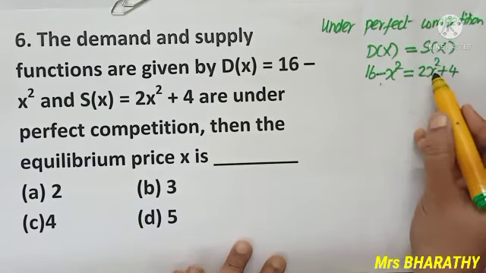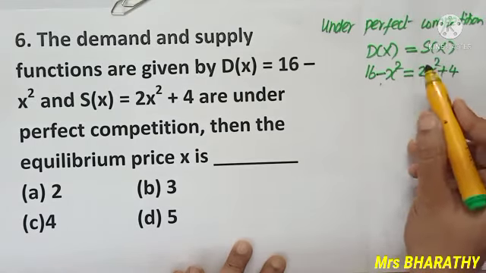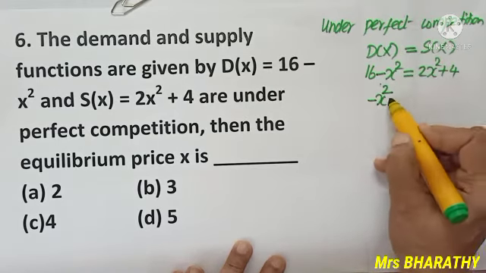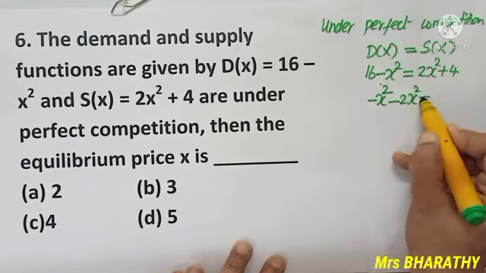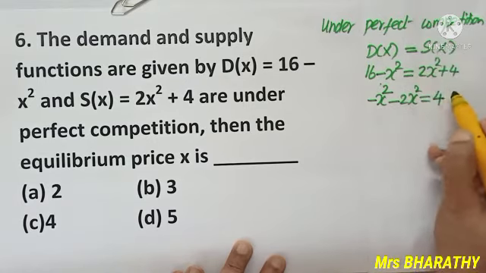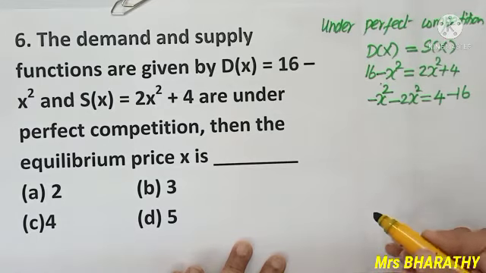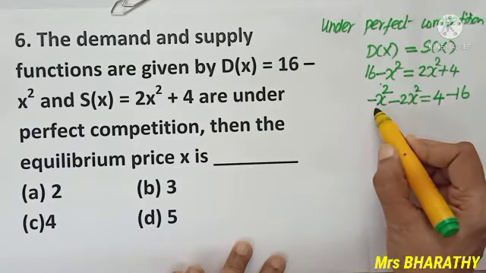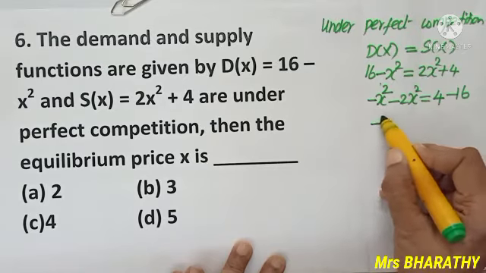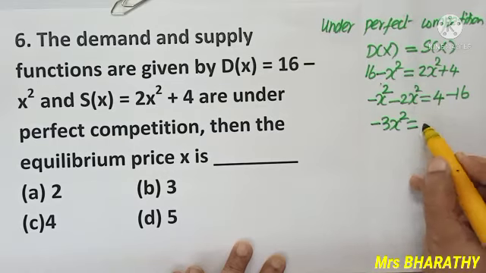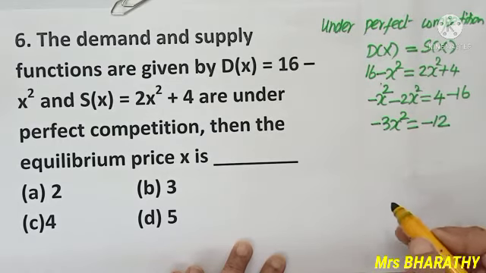Let us try to solve this by bringing x square term to the same side. I get minus x square minus 2x square is 4 minus 16. So the numbers together, x square together. Minus x square minus 2x square is minus 3x square. 4 minus 16 is minus 12.